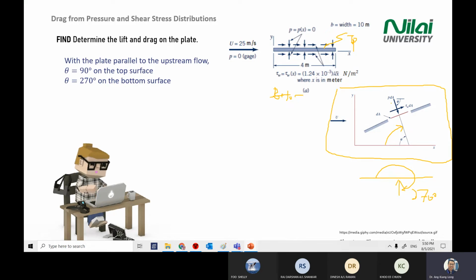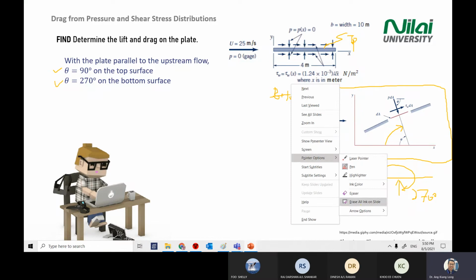The first one is 90 degree because the pressure is pointing down. You calculate the angle from x-axis up to the pressure arrow pointing down. Then for the bottom one, you also look at the pressure arrow. You calculate from x-axis until the pressure arrow. So at least you understand why 90 degree, why 270 degree.